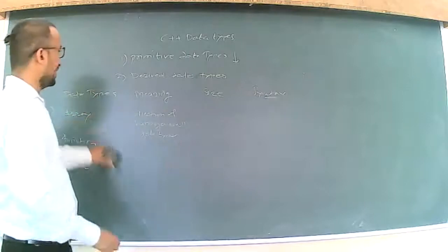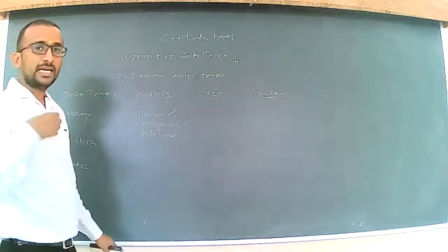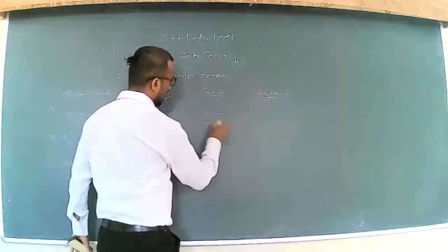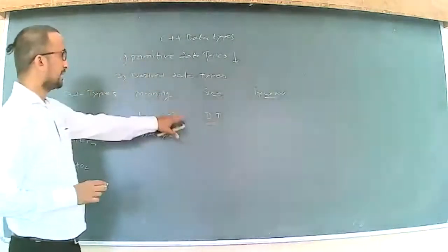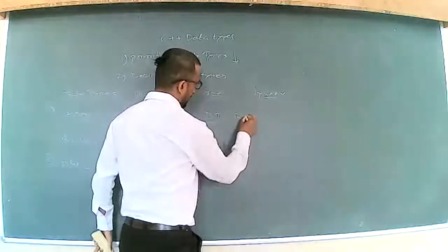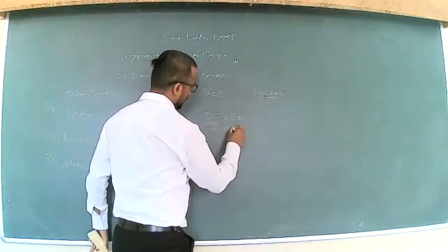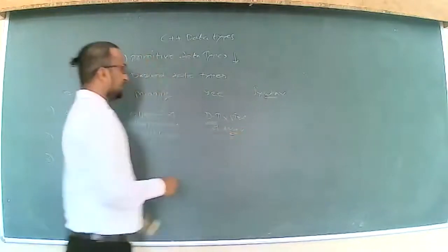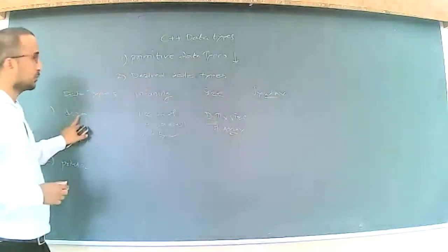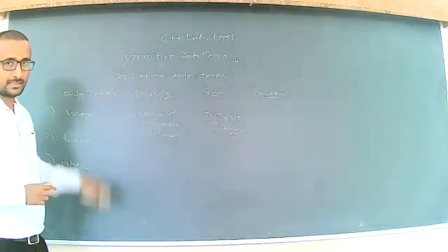Now the size of this array is going to depend on the data type that we use and the size of the array. Those two things decide the actual size of this array.